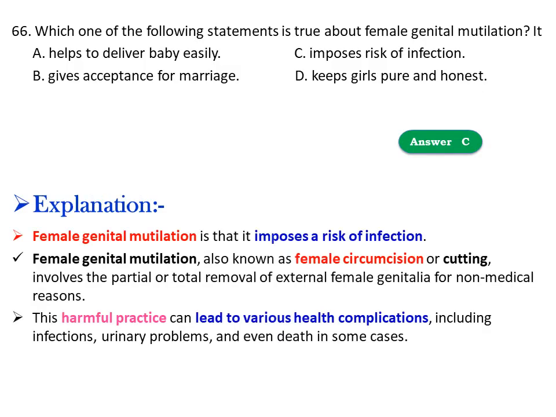Female genital mutilation, also known as female circumcision or cutting, involves the partial or total removal of the external female genitalia for non-medical reasons. This harmful practice can lead to various health complications, including infections, urinary problems, and even death in some cases.